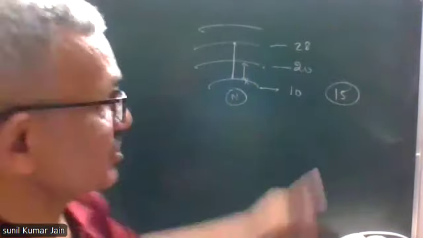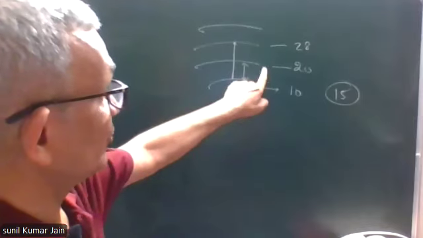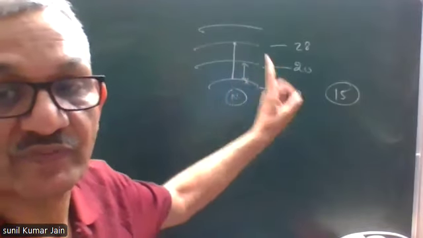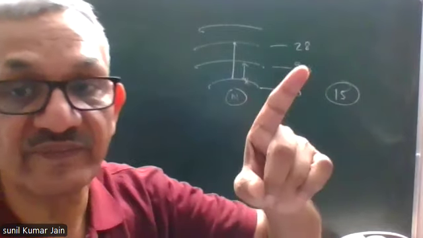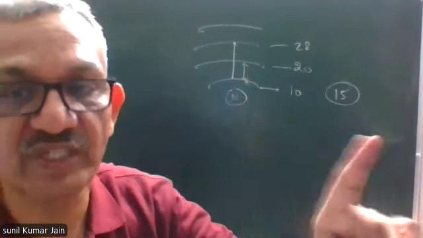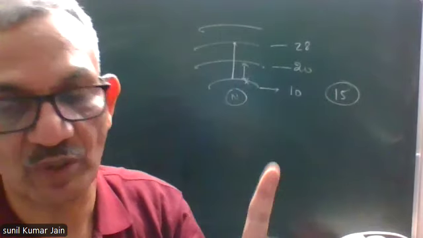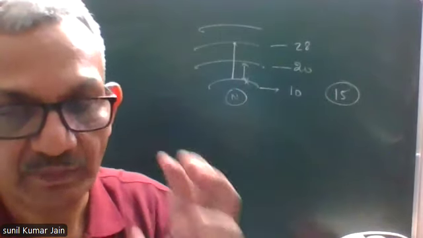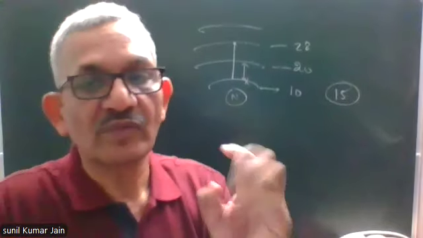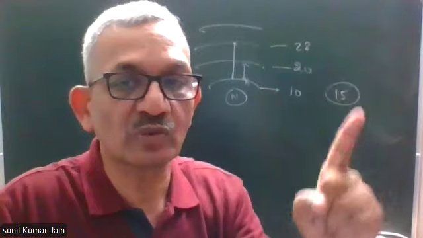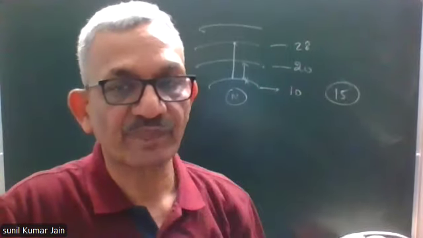Out of 15 units, it will absorb 10 units of energy and will shift from shell number 1 to shell number 2. The remaining 5 units of energy will be wasted. It will not absorb them, because the quantum for shifting of an electron from shell number 1 to shell number 2 is 10 units.